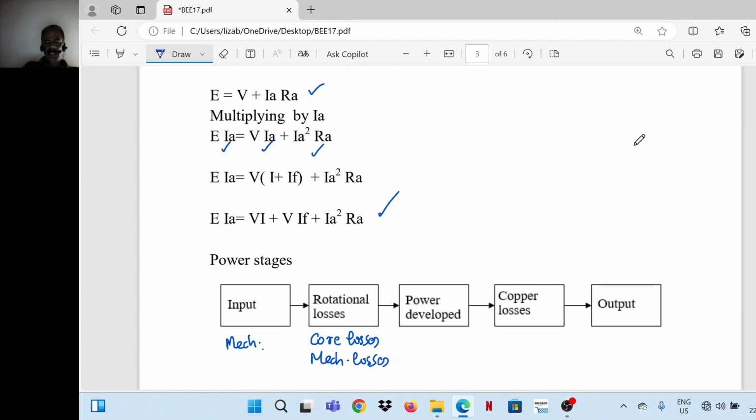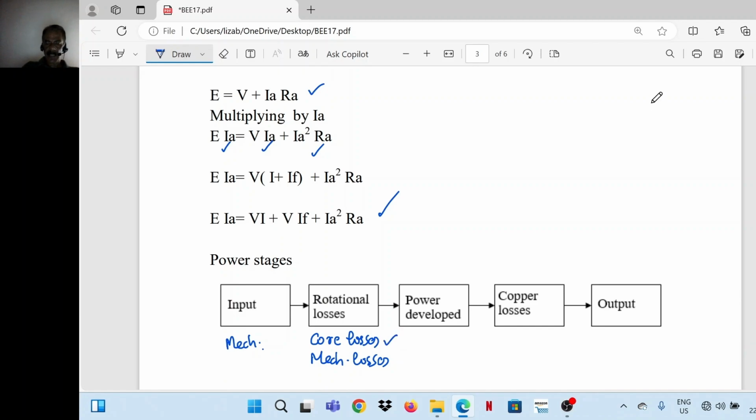Core loss means mainly in the armature. Armature is rotating in the magnetic field produced by the field poles. So definitely there will be hysteresis and eddy current losses in the body of the armature. That is the core losses.